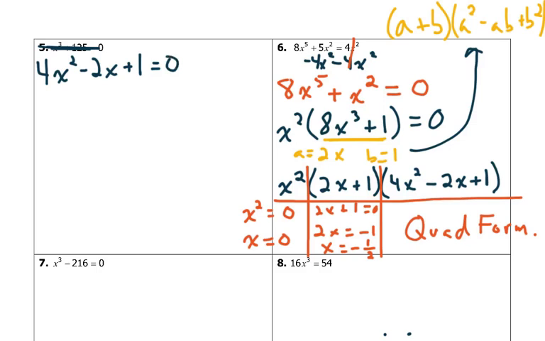Our quadratic formula: when we plug it in, we end up getting x equals 2 plus or minus the square root of negative 2 squared minus 4 times 4 times 1.